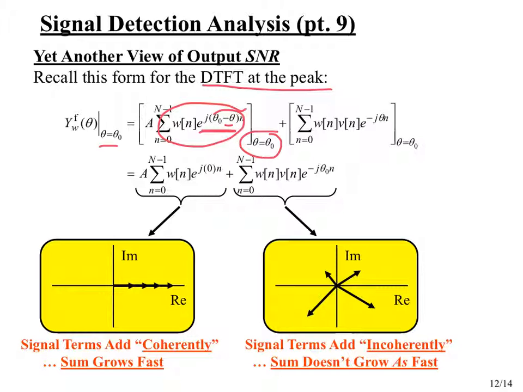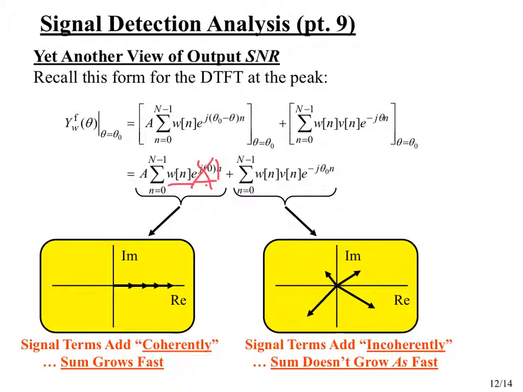But when I let theta be equal to theta sub 0, what happens? Well, this complex exponential becomes e to the j 0, and it goes away. It becomes 1. So that's gone.